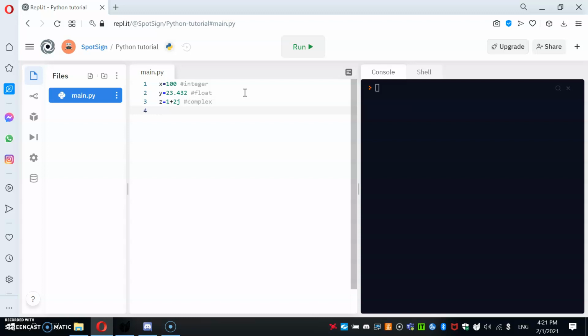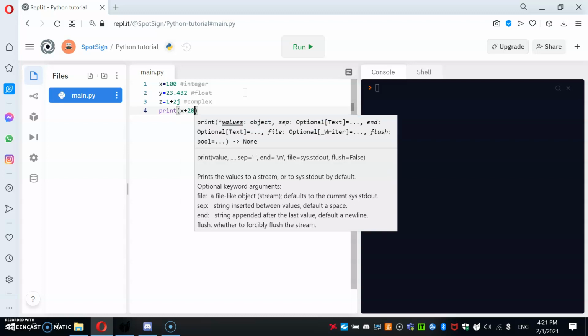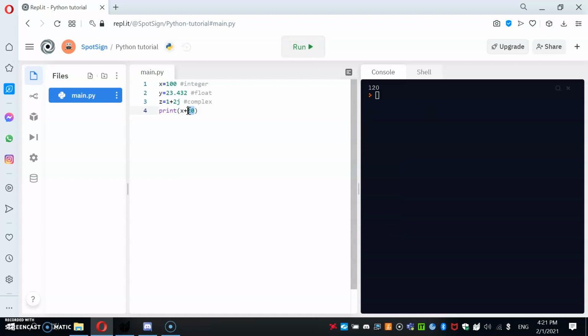Cool. So you can do arithmetic with these numbers. For example, we can print out x plus 20, which would be 120. Obvious. We can do x plus y too, which would be 123.432, like that. We can also do y plus the complex number too.